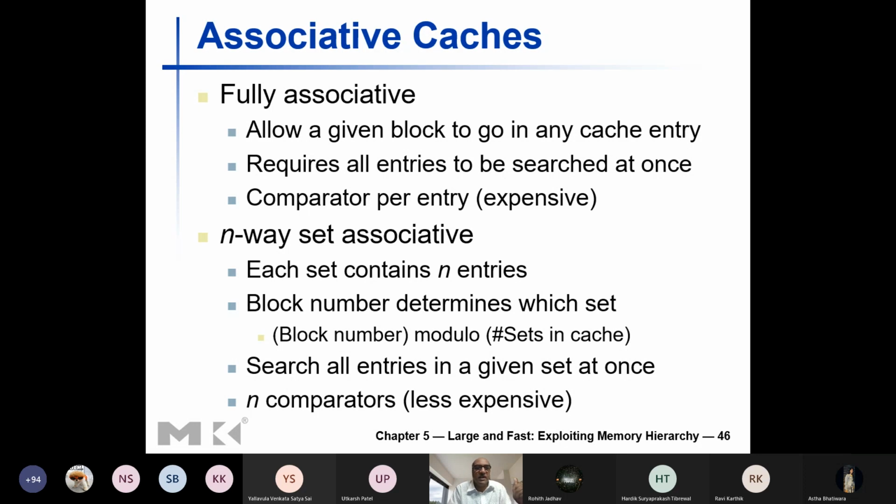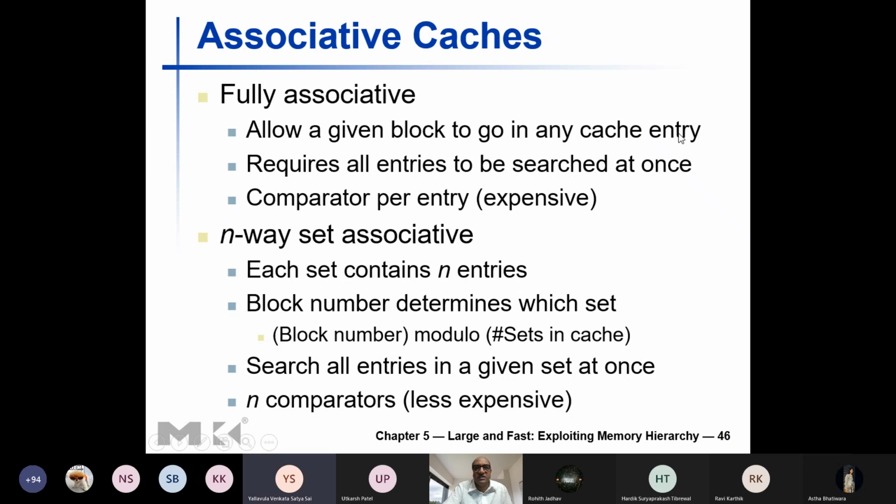That means there are 1,000 entries in the cache, and these 1,000 entries are very flexible. It means that any main memory location can go anywhere into the cache, as long as some entries in the cache are available. So a fully associative cache allows a given block to go anywhere in the cache.